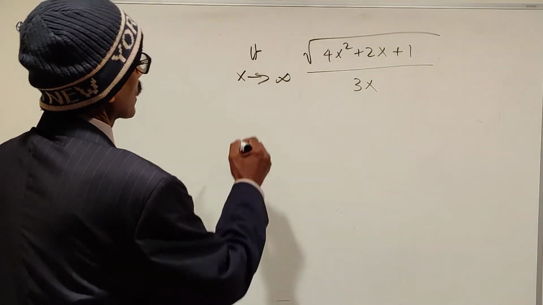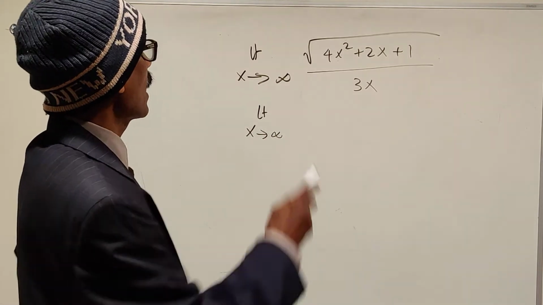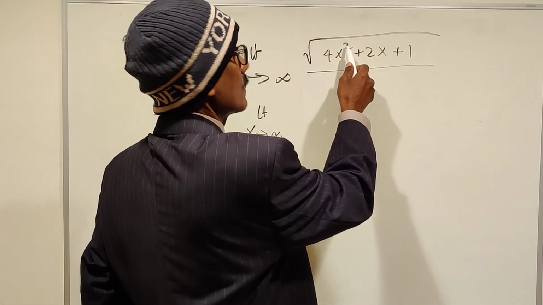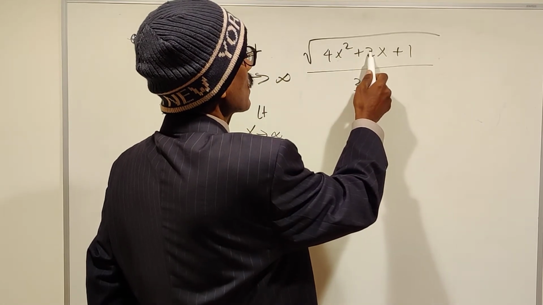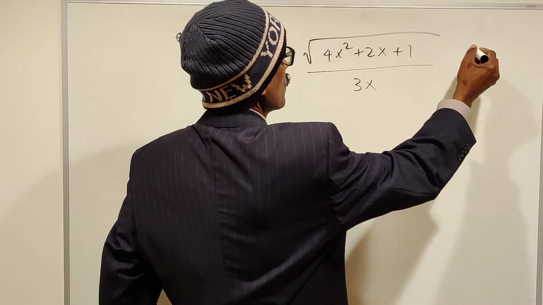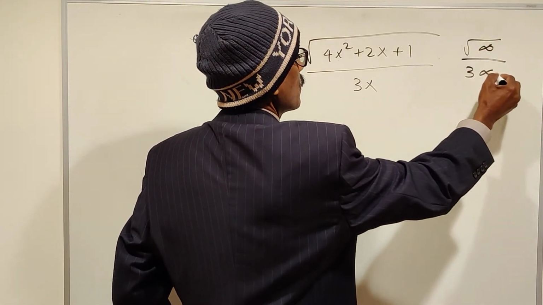Okay, here limit x tends to infinity. First substitute the value here. Infinite square is infinity. 4 times infinity is infinite. Infinite plus 2 times infinite also infinite. Infinite plus 1 is infinity. Square root of infinity divided by 3 times infinity.